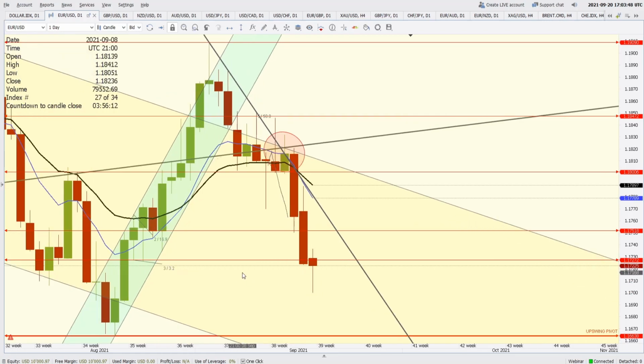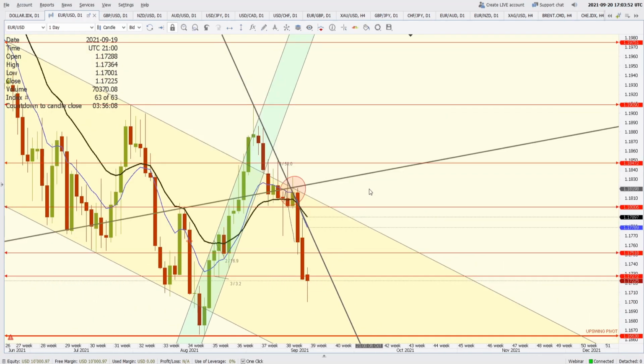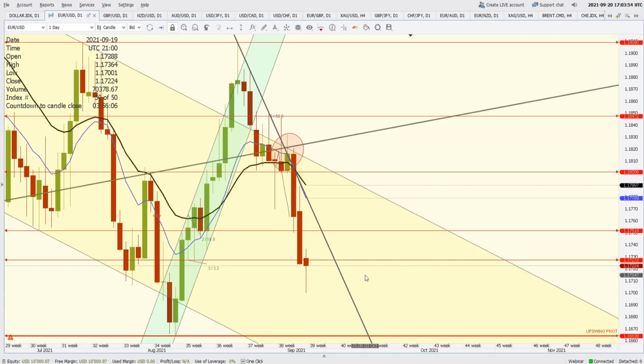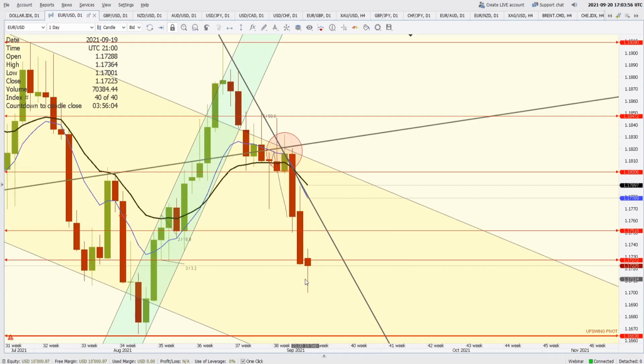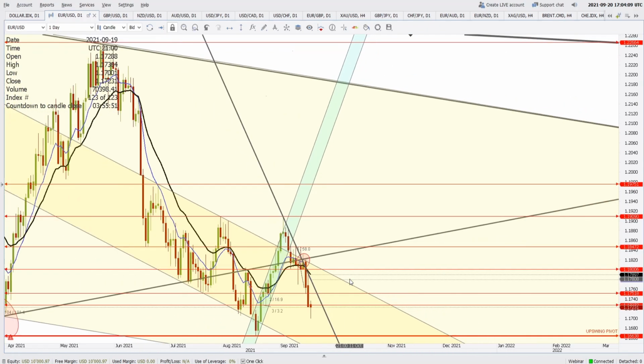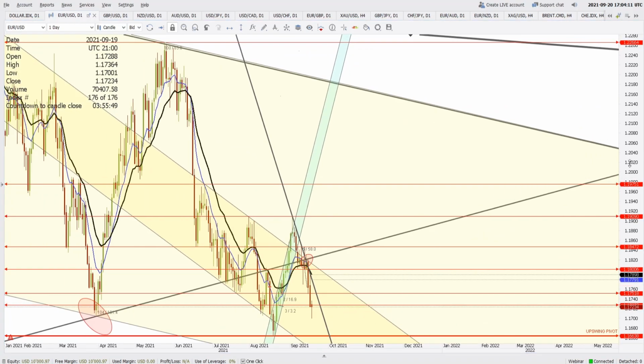But I don't see any good support here for the price which can push it higher. So what I'm suggesting is that there is a possibility that after a small pullback, maybe max up to 1.1751, the price can head back lower again with the target of 1.1663.